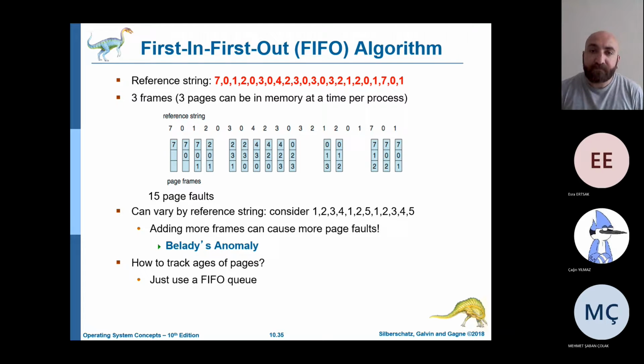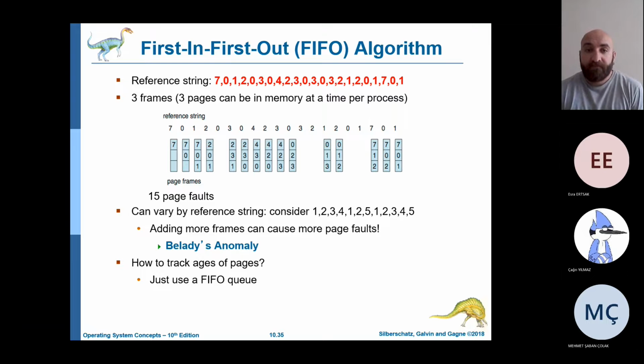And you are going to find the number of page faults. If you use the first in first out algorithm with this reference string and 3 frames, you are going to get 15 page faults. Okay, so this is how you can apply the first in first out algorithm with this reference string to a 3 frame system.